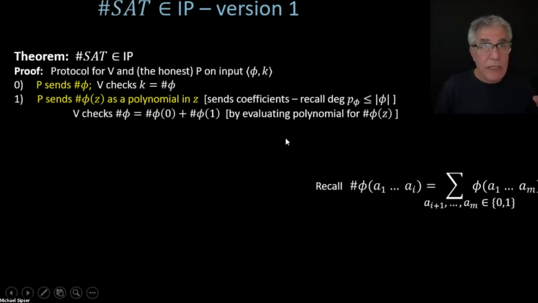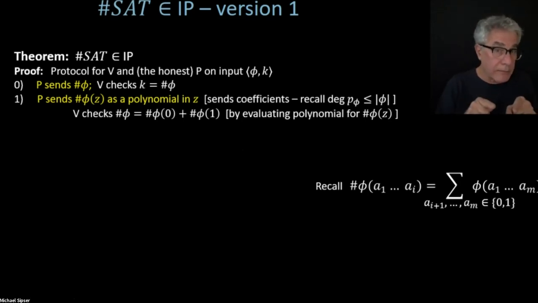I'm happy to spend time because really, this is the whole proof. We have to understand why this works, but we kind of understand half of it, because if you could certify that that was the correct polynomial for number phi of z, then we can use that polynomial to confirm the previous value, what number phi was, because you just plug in zeros and ones for z and you add it up.